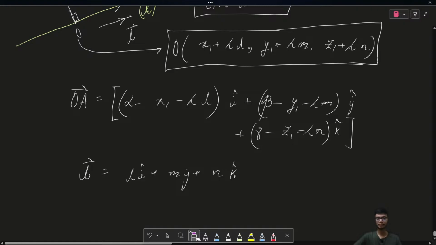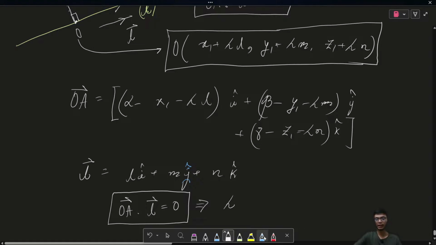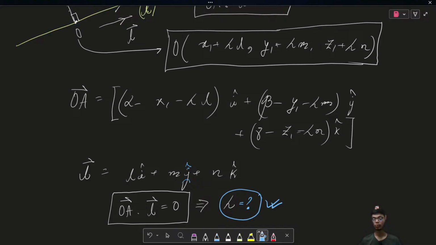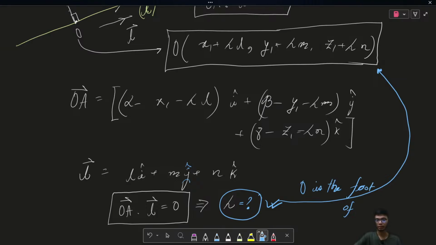So from here I can solve this particular equation, that is, OA vector dot L vector should be equal to 0. From here I can solve this part to get the value of the unknown, that is my lambda. Once I get the value of lambda, I can easily substitute this lambda in this point O, and I can obtain my O, which is the foot of perpendicular, right?